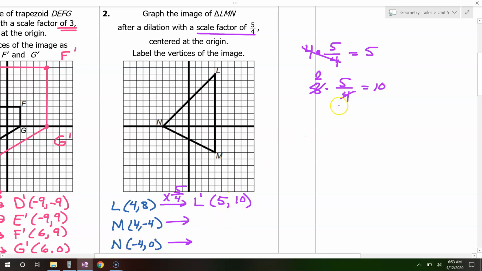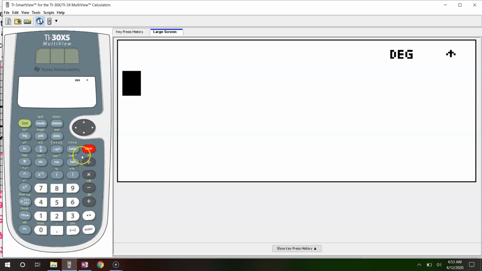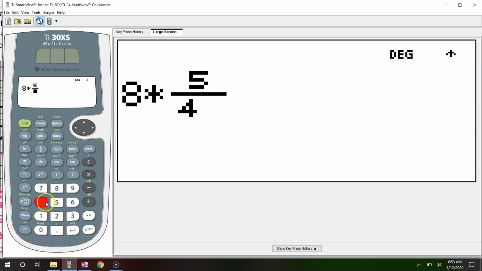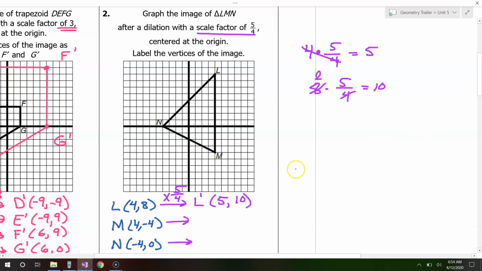All right, now if that was at all hard to follow, you could use your calculator and you could do 8 times 5/4, and you could get your 10 that way. For me it's quicker to do this than it is to even type it into a calculator. But some students have trouble following this, so you can always use a calculator.